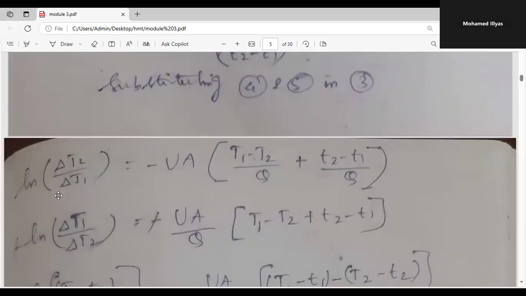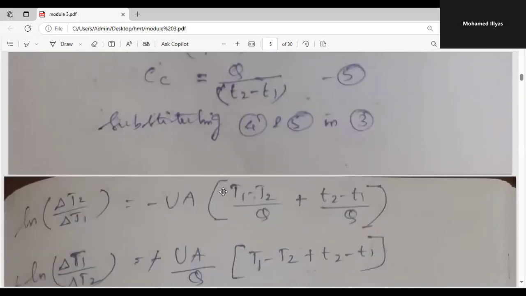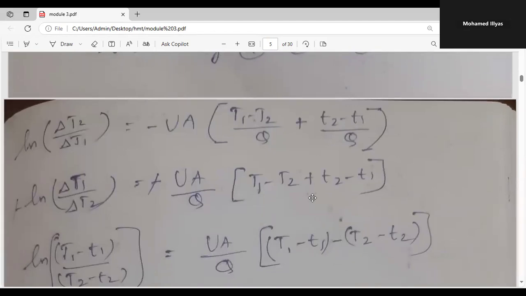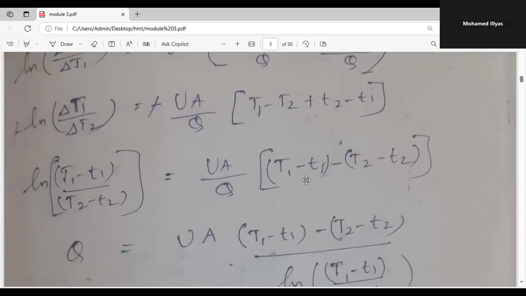Substituting this, we'll get ln of delta T2 by delta T1 equal to minus UA into [(T1 minus T2) by Q plus (t2 minus t1) by Q]. So this term can be written as minus ln of delta T1 by delta T2 here. We can cancel this minus sign on both sides, and we'll take Q outside, and we'll write (T1 minus T2) plus (t2 minus t1) here.